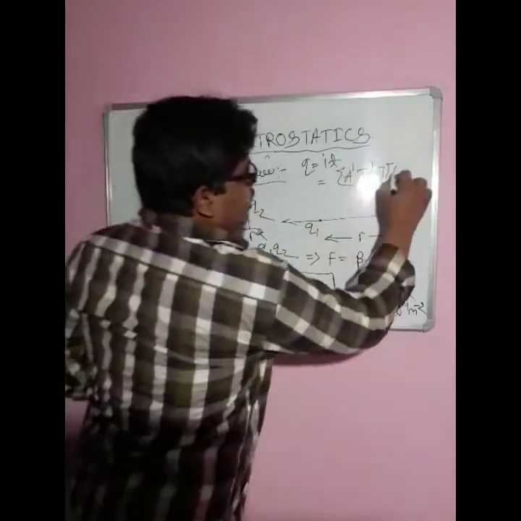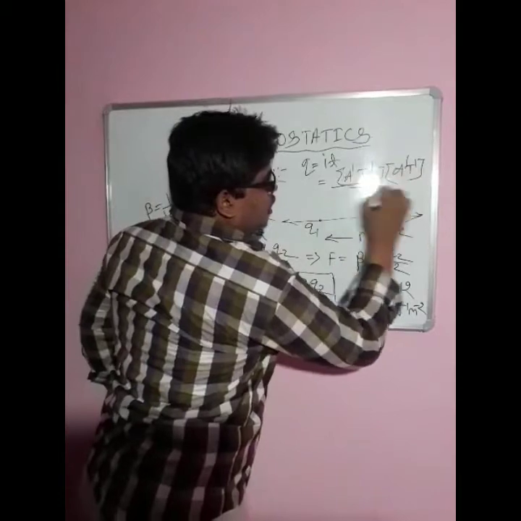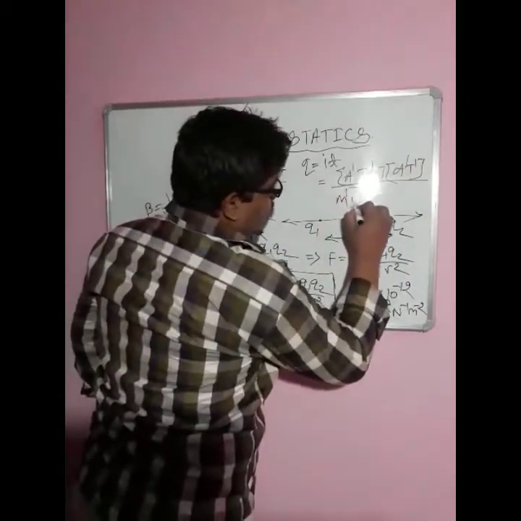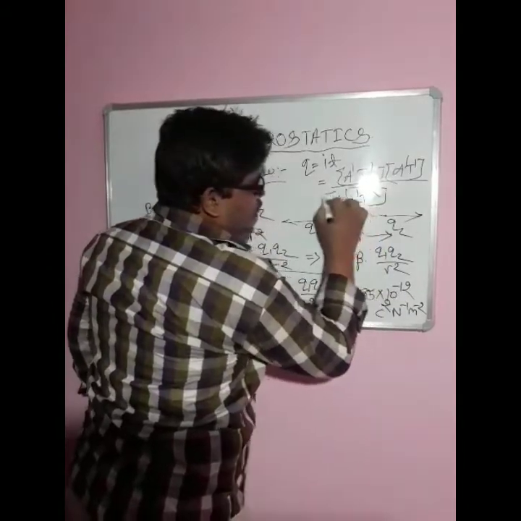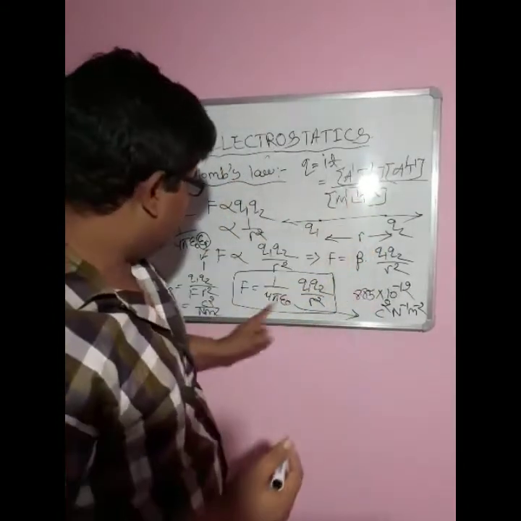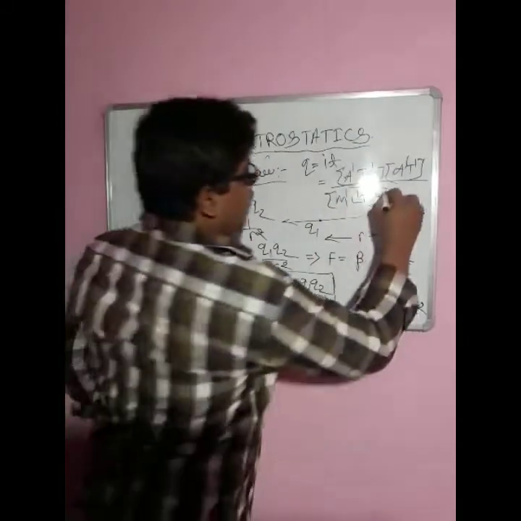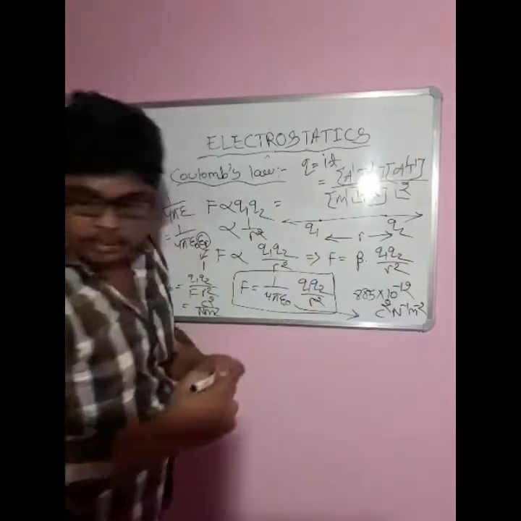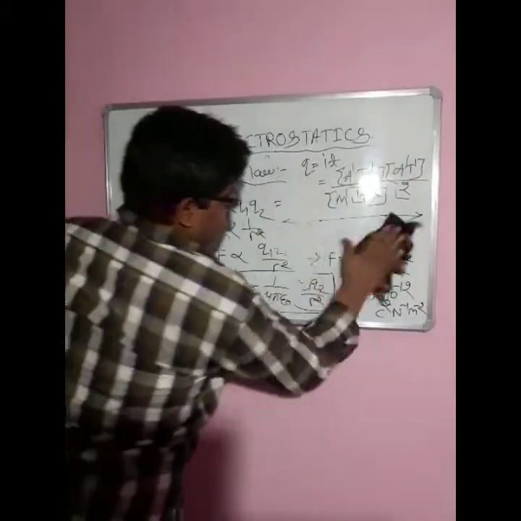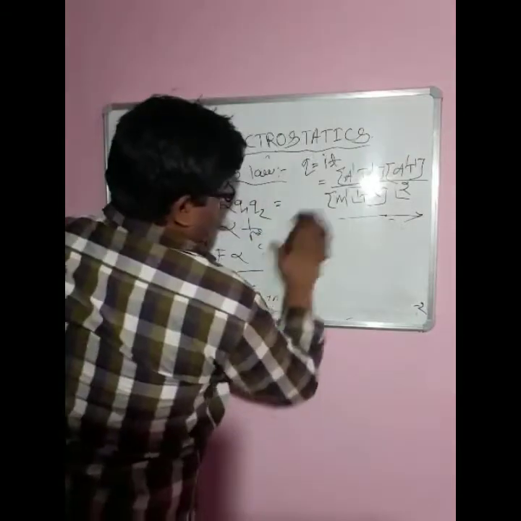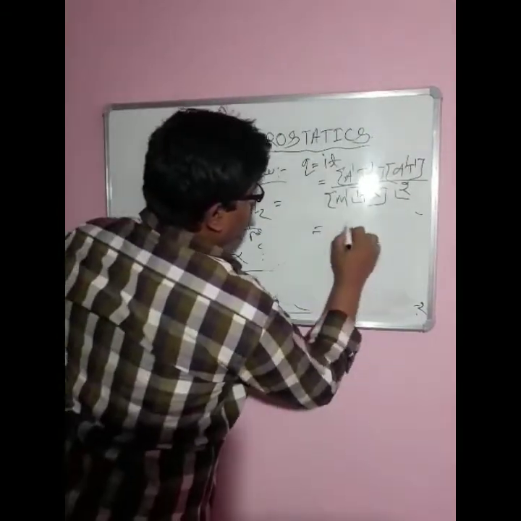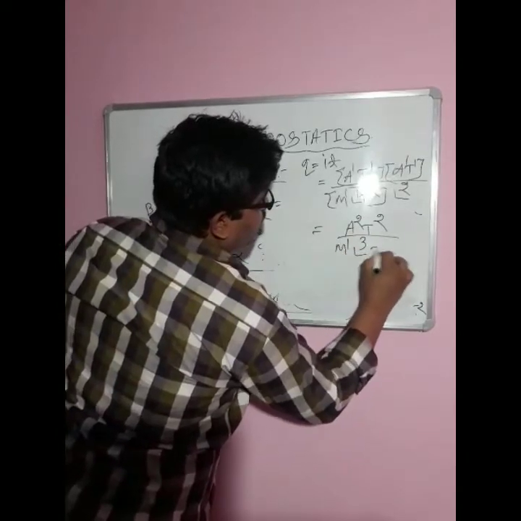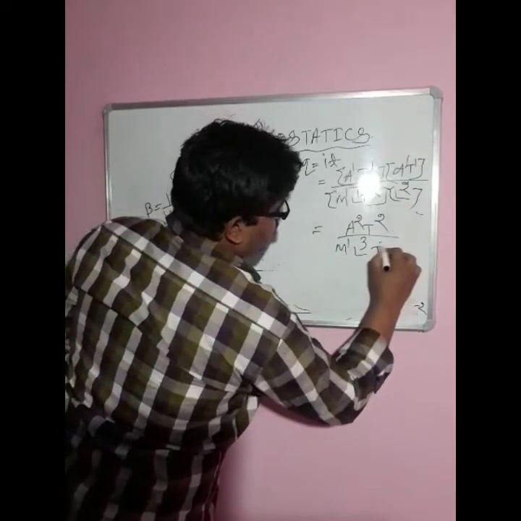Next, Q2 is also A1 T1, divided by the dimensional formula of force, which is M1 L1 T minus 2, as we know from first year. Then meter square means L2. Solving this, A2 T2 divided by M1 L3 T minus 2.